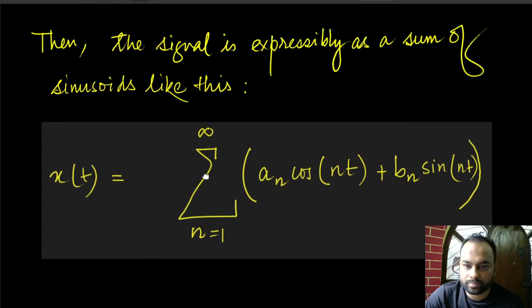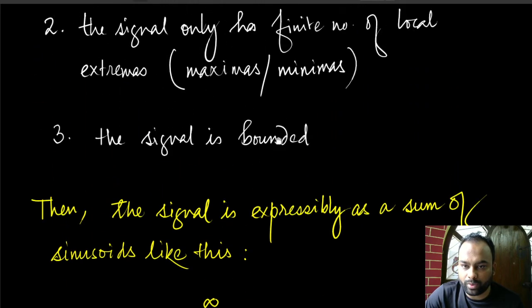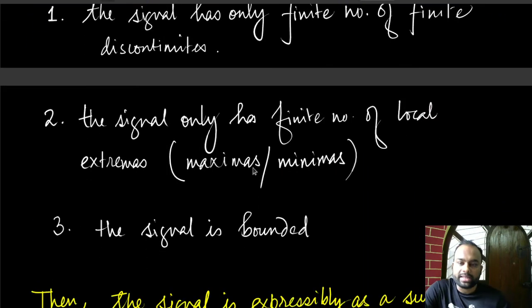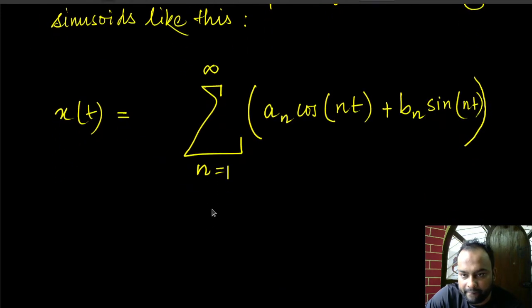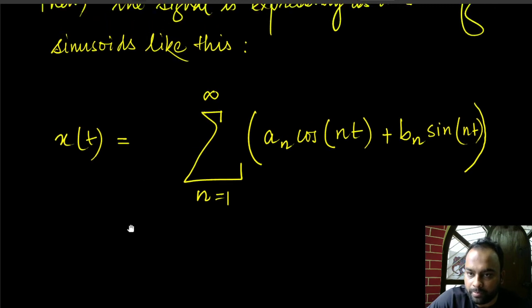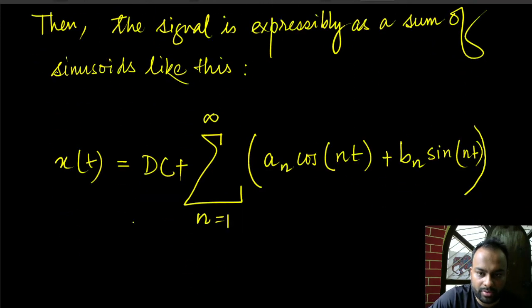Only with one subtle difference. So a signal has to satisfy these conditions, and then the signal is expressible like this, only with a subtle difference that the signal could also have a constant value. That's called a DC component. So the signal could have a DC component added to this. So that's the idea.